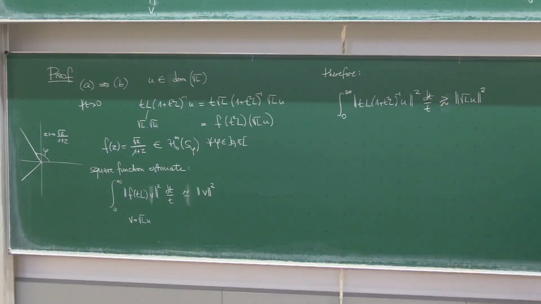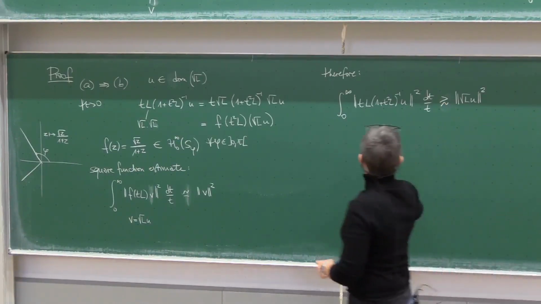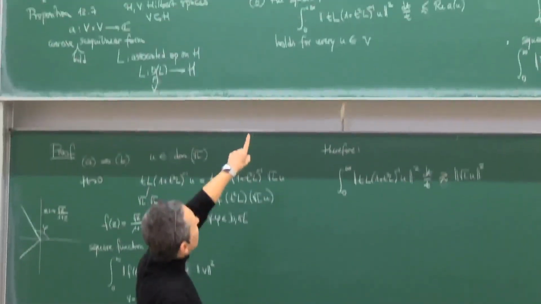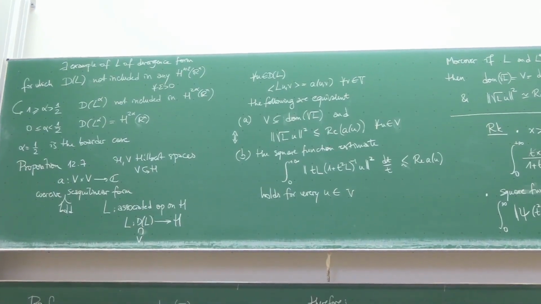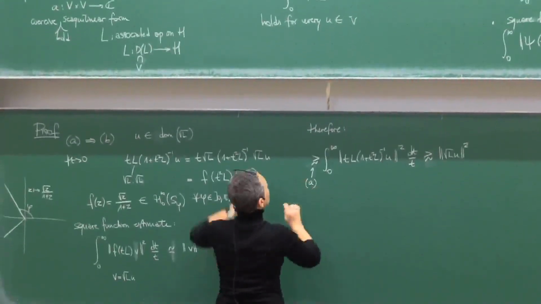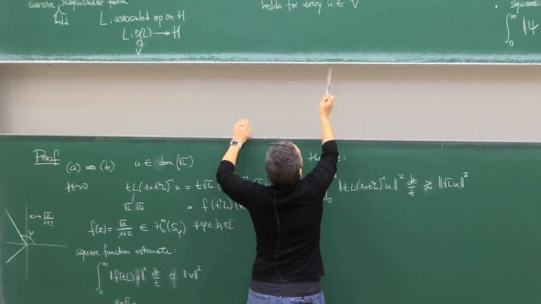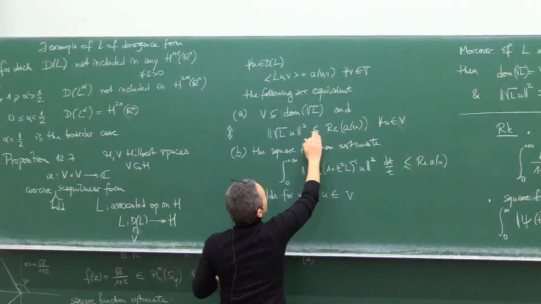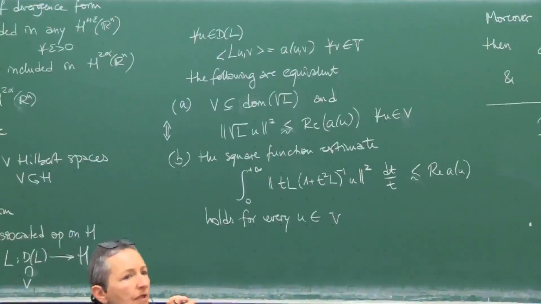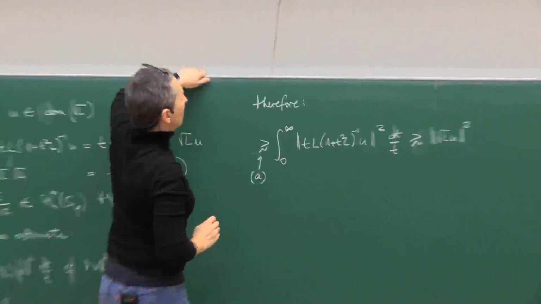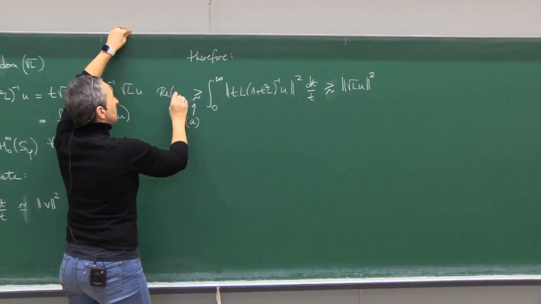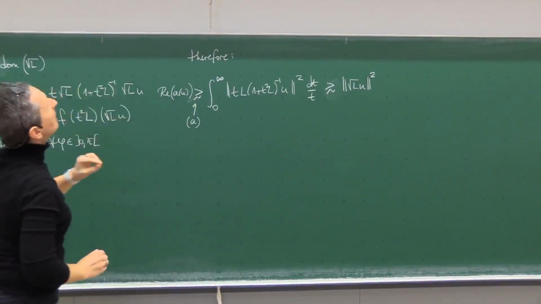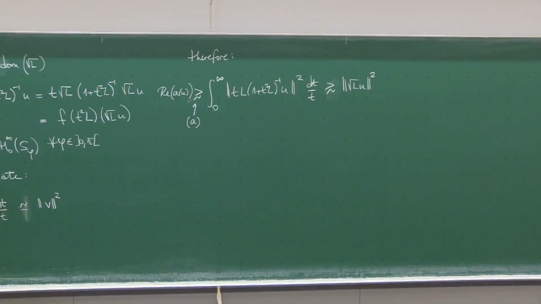So I use only that one. And by A, what I know is that, up to a constant, of course, by A, this is less than or equal to A of u, right? No, sorry.